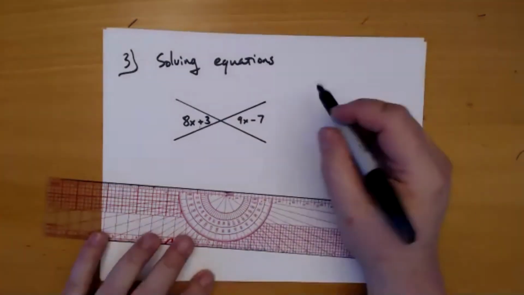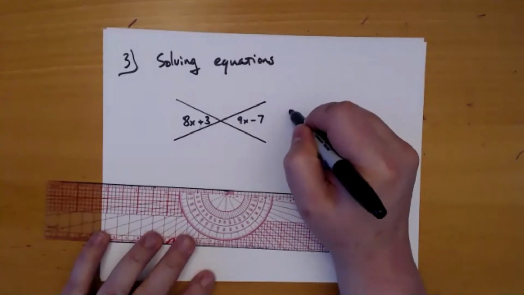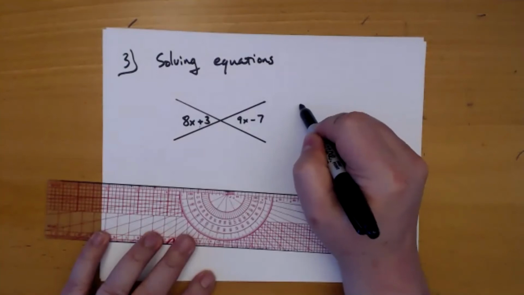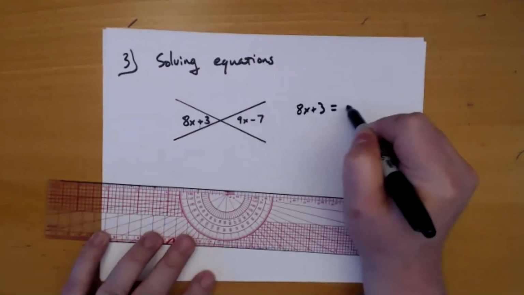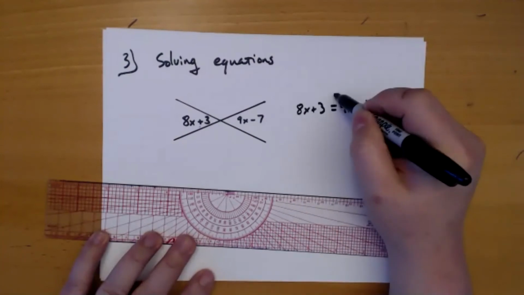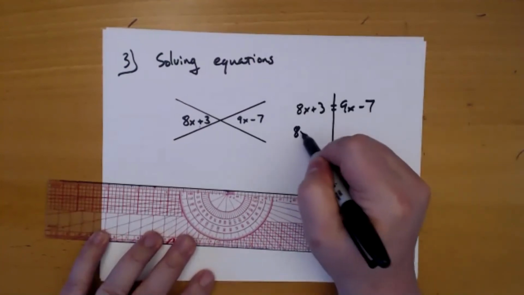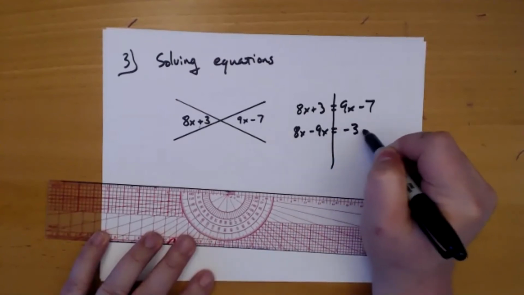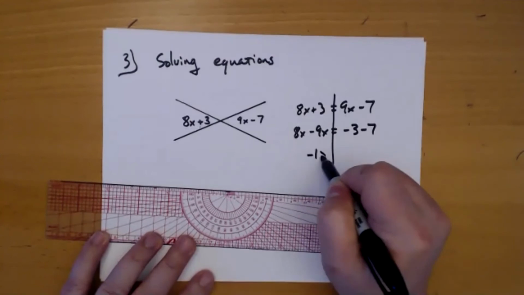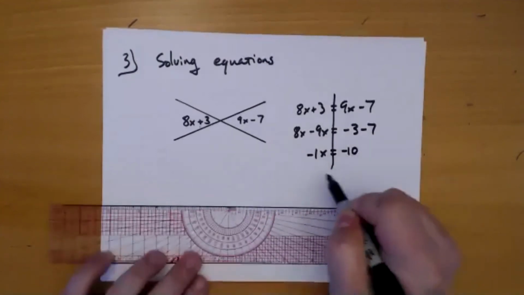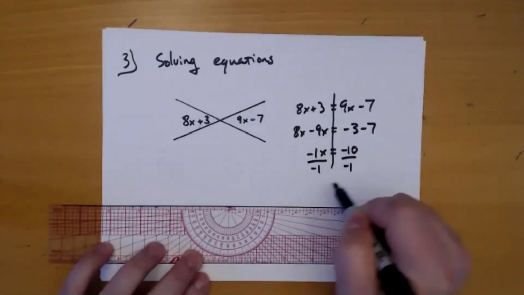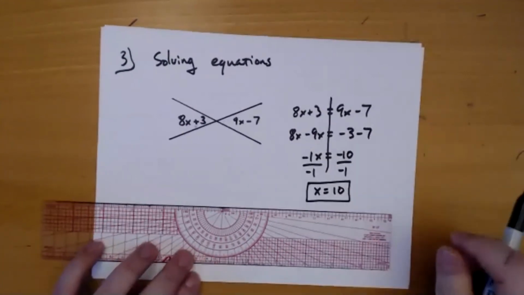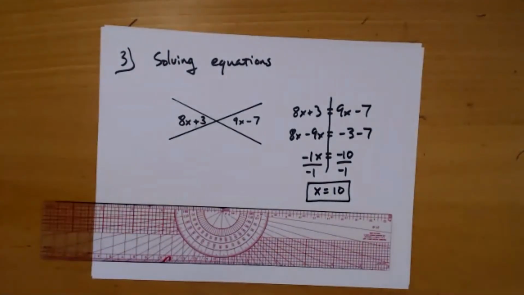So here, the two of these are equal. They're vertical. So 8x plus 3 equals 9x minus 7. x equals 10.